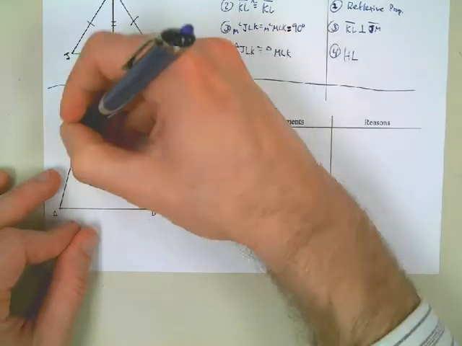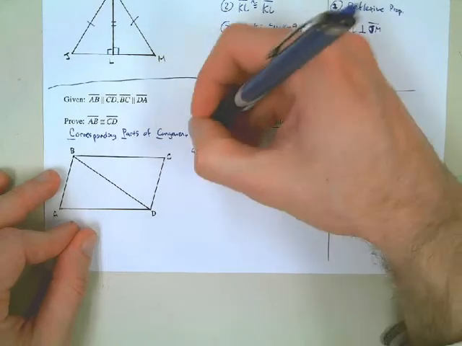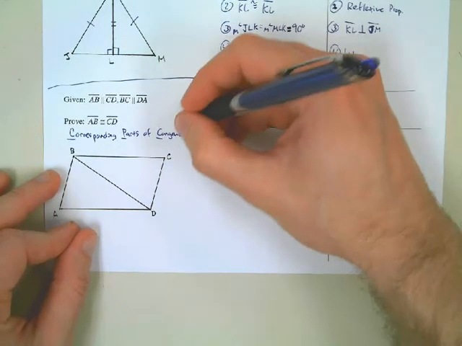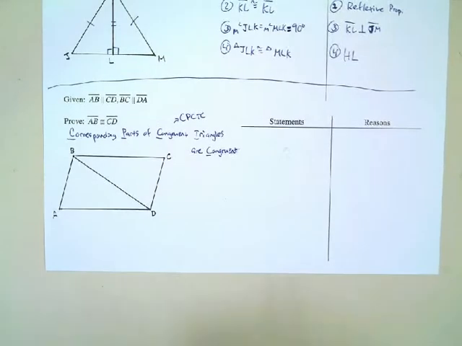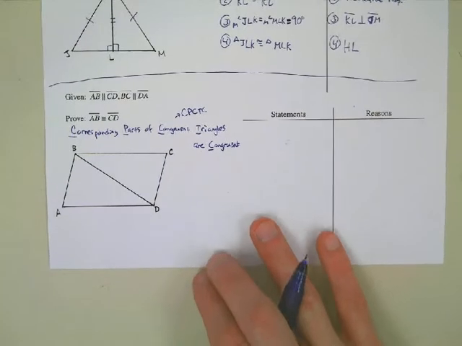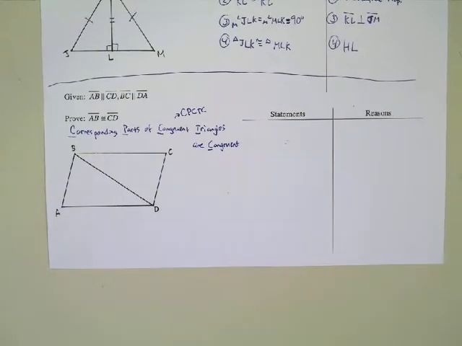Corresponding parts of congruent triangles are congruent. CPCTC. Okay? And you may use that acronym, so you don't need to write the whole phrase out. Feel free to use that.